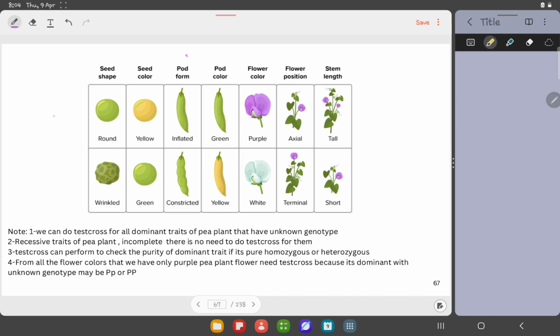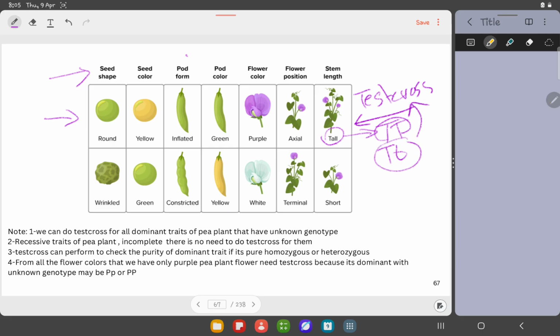The same thing we can perform for the other characteristics of the 7 characters of the pea plant. We can do the test cross for all of the dominant traits, because it's for the dominant, not for the recessive. So for this tall plant, we don't know if it's capital T capital T or capital T small t. To check the purity of this tall pea plant, meaning if it's homozygous or heterozygous, we can perform the test cross.